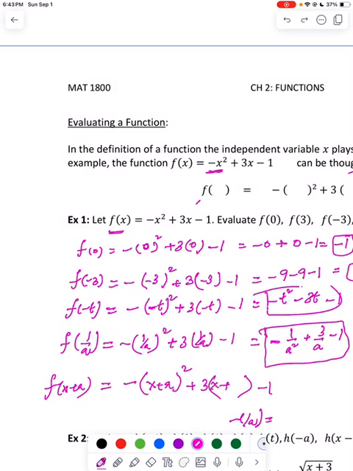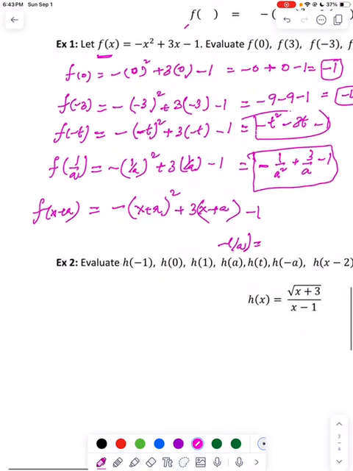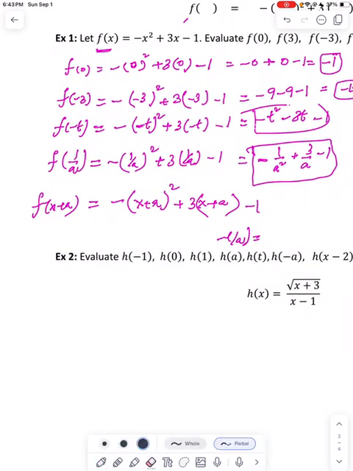So now expand. So this is basically negative of x plus a whole square plus 3 times x plus a minus 1. So we can simplify it by expanding this term, then distributing this 3 over that, and then combining like terms.